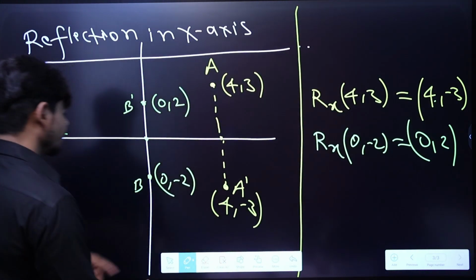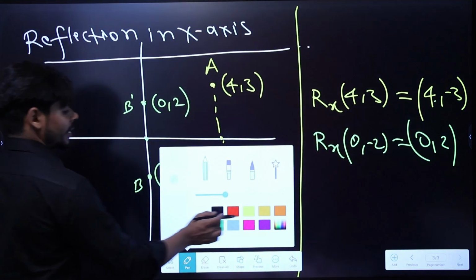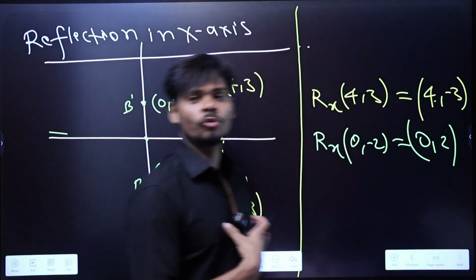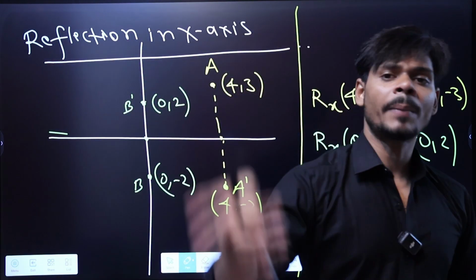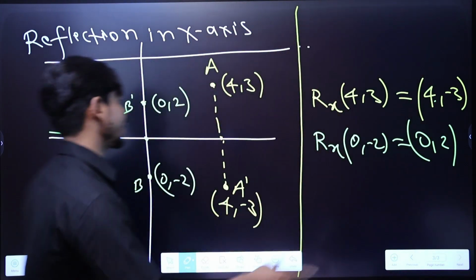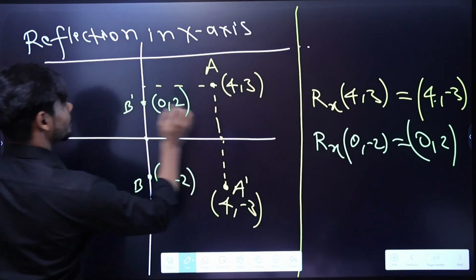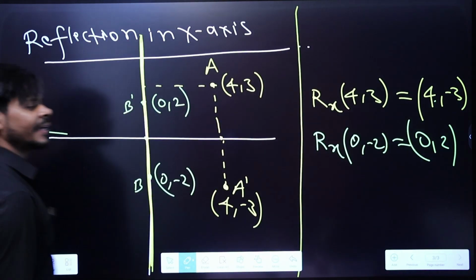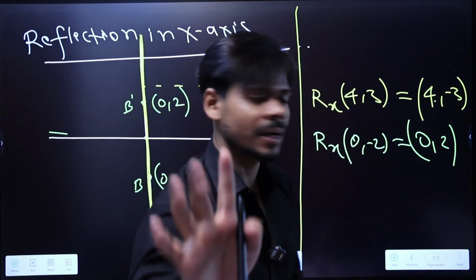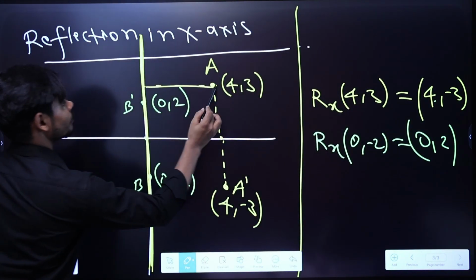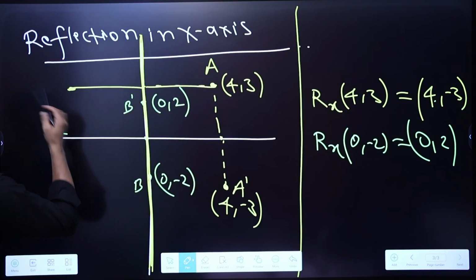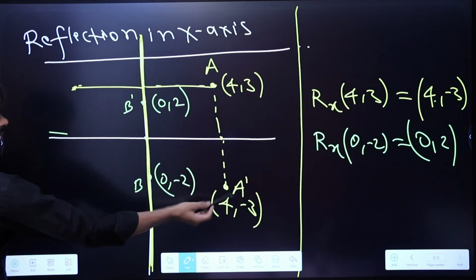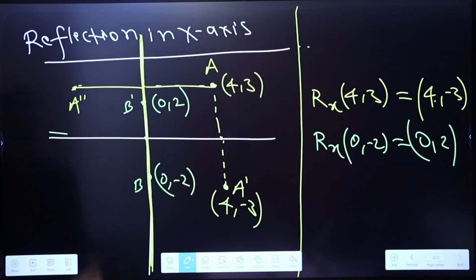Now in the same way, if we are given any point, let's say the same point again, and I want to find the reflection about y-axis, in y-axis. This time your y-axis will act as the mirror, okay? So this distance must be the same as this distance. If this was A dash, let's say I name this A double dash.